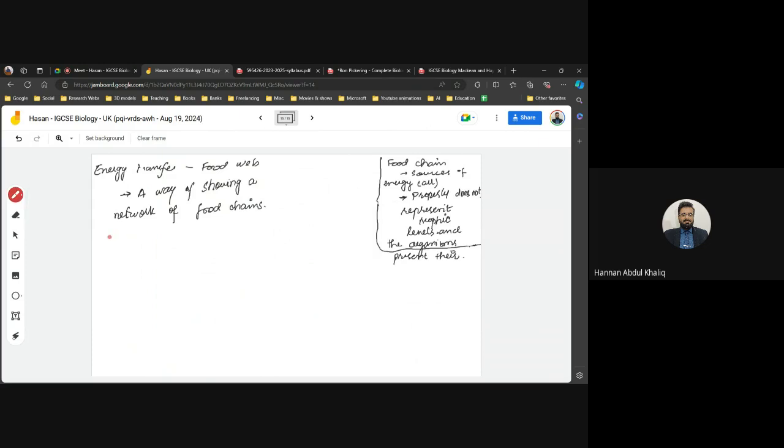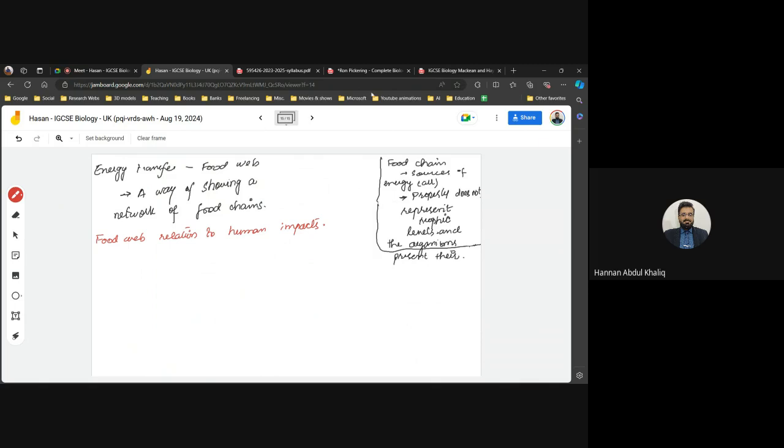We will come back to the food web when we are relating it to human impacts. We will rediscuss the food web because human impacts basically target the food webs.